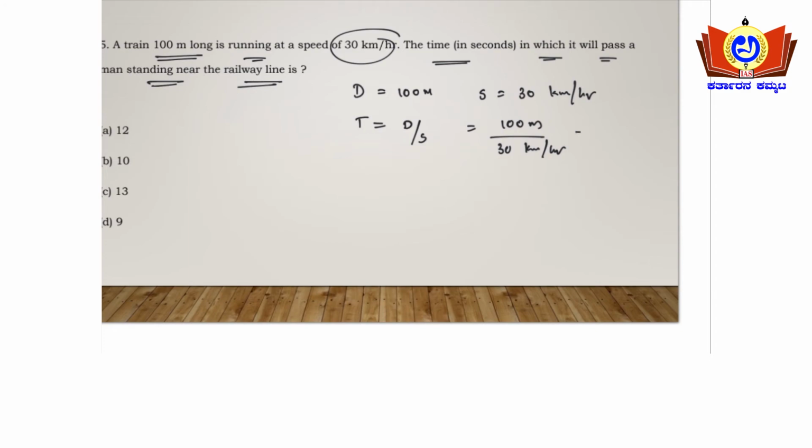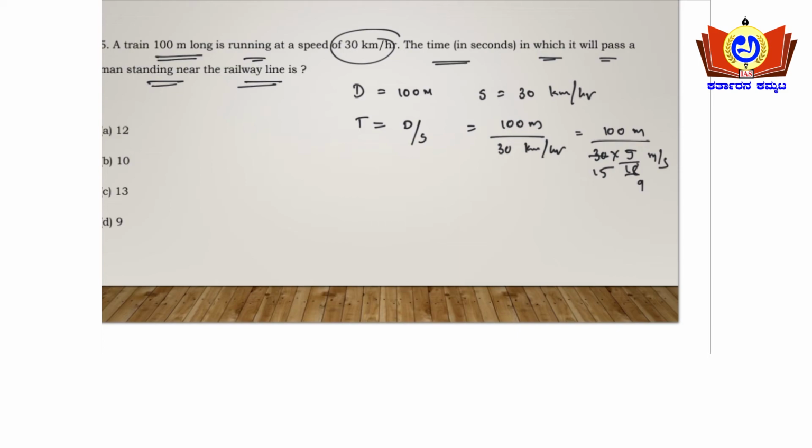So this will be 100 meters divided by 30 into 5 by 18, since we are converting kilometers per hour into meters per second. It is as simple as that. Then 15s and 9s: 2 into 15 and 2 into 9.